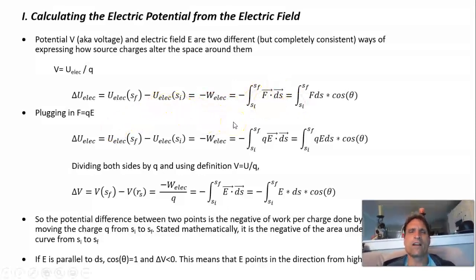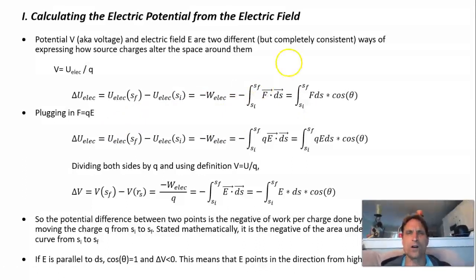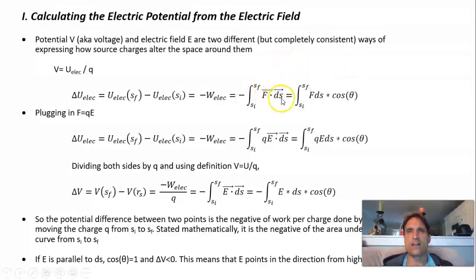And then we plugged in our definition of work, where work is equal to the dot product of the force and the displacement, which is just equal to the force times the displacement ds times the cosine of the angle between the force and the displacement.